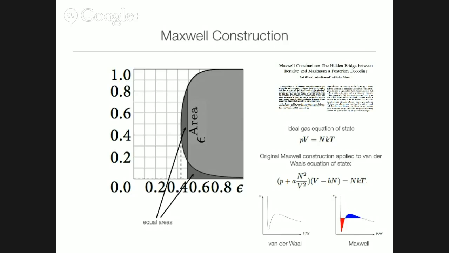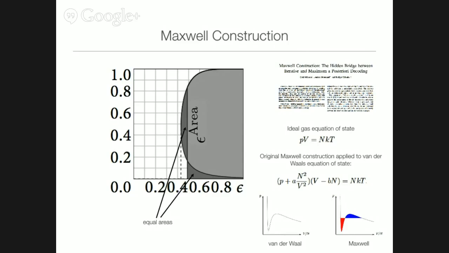You take this, and now you put a vertical line here, and where do you put the vertical line? You put it exactly in such a way that these two areas agree. The idea is that there's work gained and work being performed, and if these two things are exactly in balance, then that's the right physical interpretation.